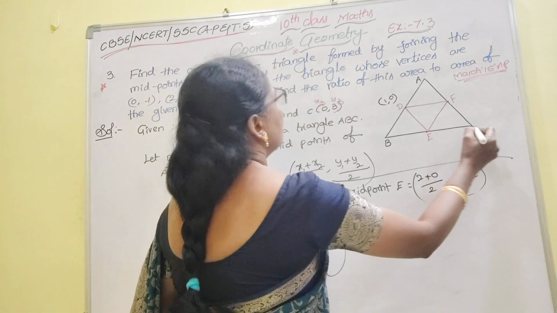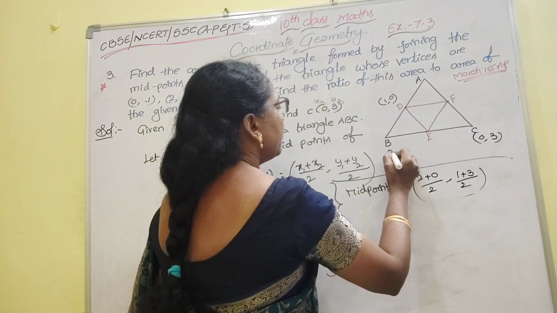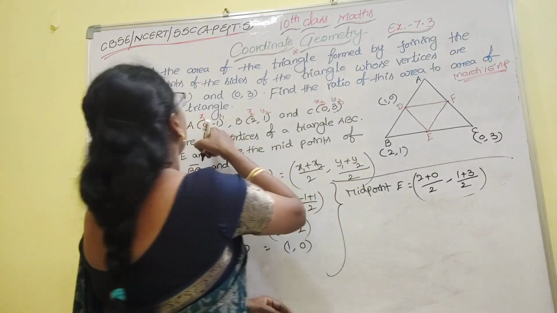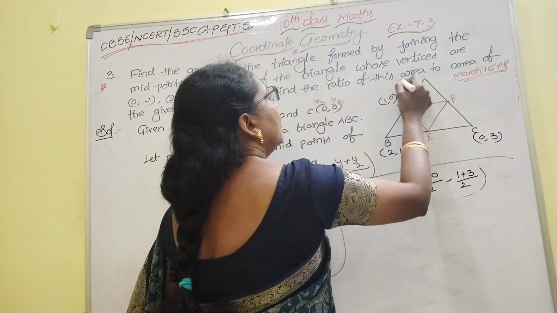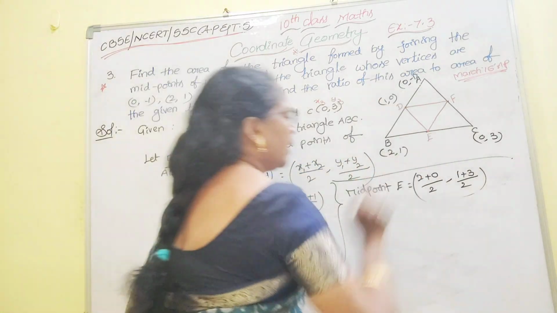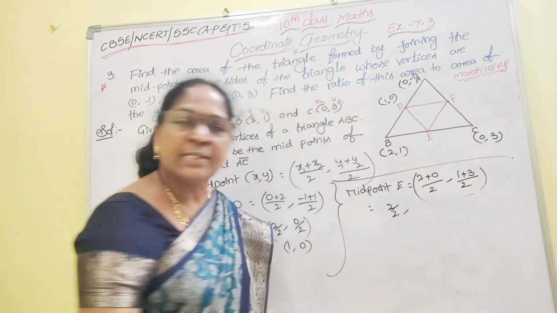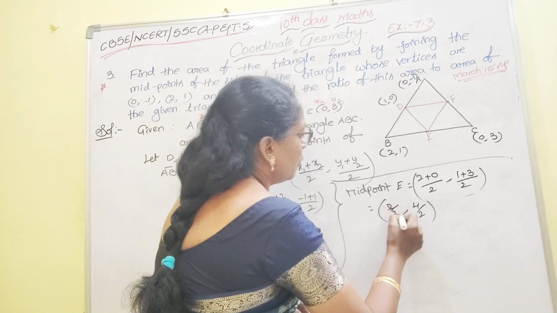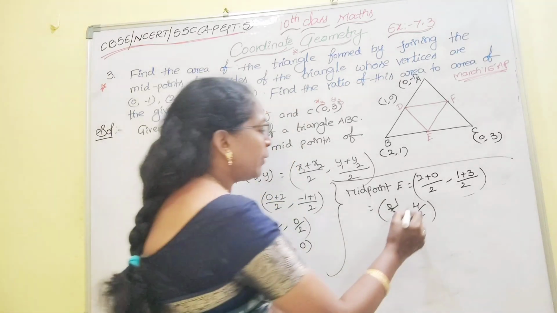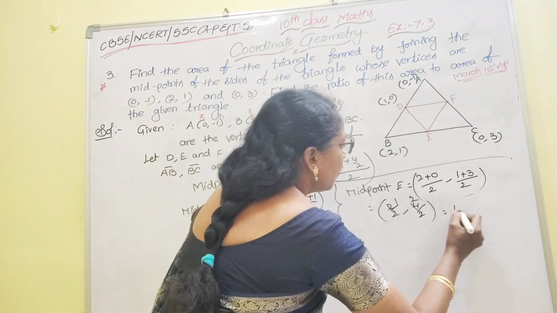Here B value is 2 comma 1 and C value is 0 comma 3. Now here 2 by 2 comma 1 plus 3 equal to 4 by 2. 2 by 2 is nothing but 1, 4 by 2 equal to 2. So this value equal 1 comma 2.